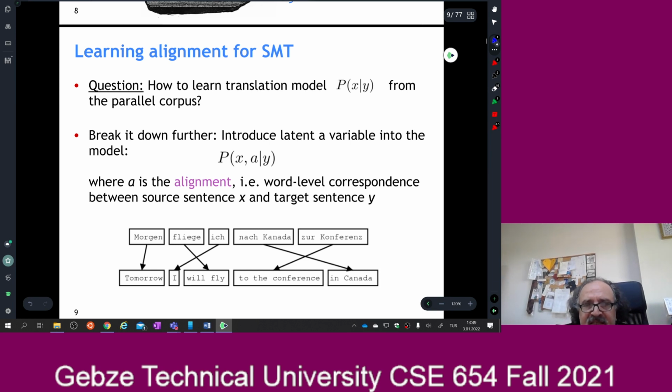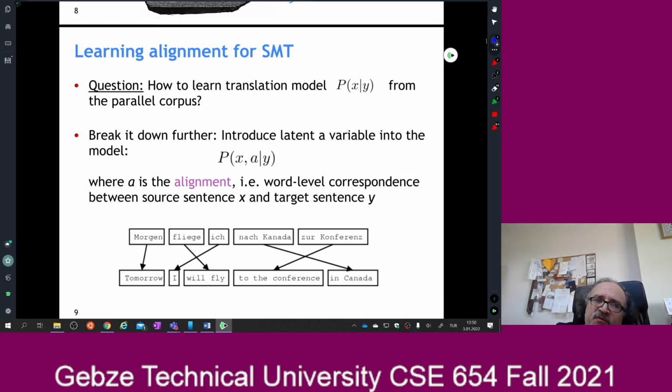This is the English sentence. Morgen in German, tomorrow in English. Fliege, will fly. So this word corresponds to two words in English. Ich is I, and nach Canada is to Canada, etc. So these two words correspond to these three words. So this alignment is a function.